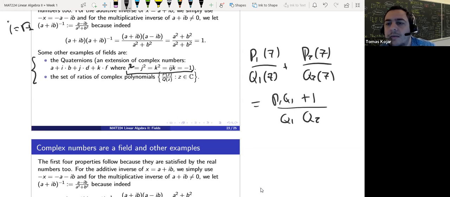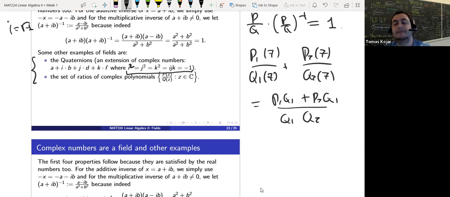It also has a multiplicative inverse, right? So P over Q times Q over P is equal to 1, right?